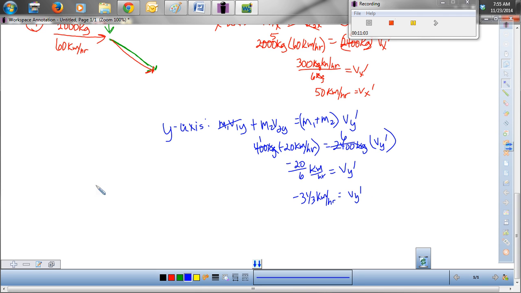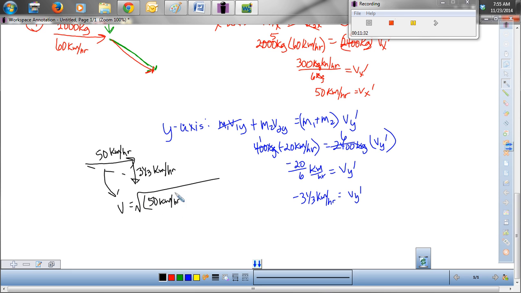So now, to finish the problem, I have Vx prime is 50. And then I have this one is 3 1/3, and I pointed it in that direction because it's negative. So I need to find the hypotenuse, B, square root of A squared, which is 50, plus 3 1/3 squared.